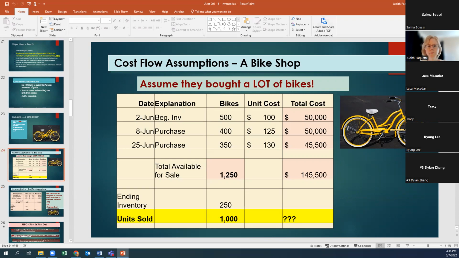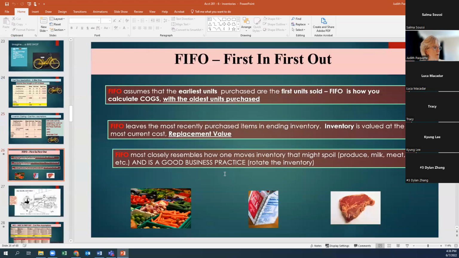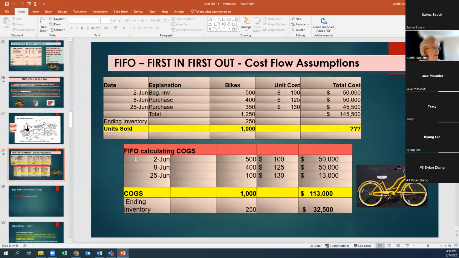Okay. And so you want to make sure that when you say first in, first out, you're calculating cost of goods sold, and whatever is left is ending inventory. So if we sold 1,000 units here, out of 1,250, we're going to pull from this first cost layer, 500, second cost layer, 400, and then we're only going to dip into this third cost layer for 100.